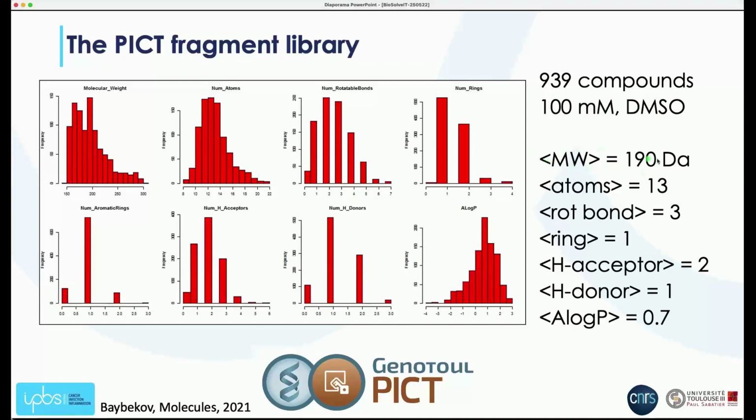You can see that their average molecular weight is close to 200 Dalton, 13 non-hydrogen atoms, 1 or 2 hydrogen bond donors, etc., and computed solubility of about 0.7. We also checked experimentally, using NMR, that the solubility was indeed sufficient before performing our screening assay.